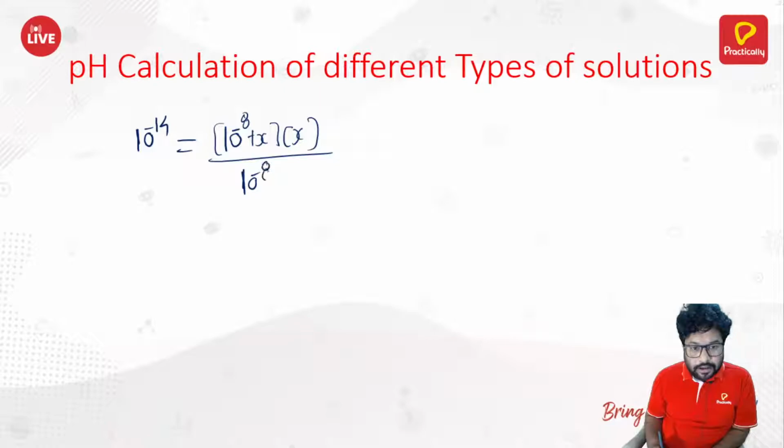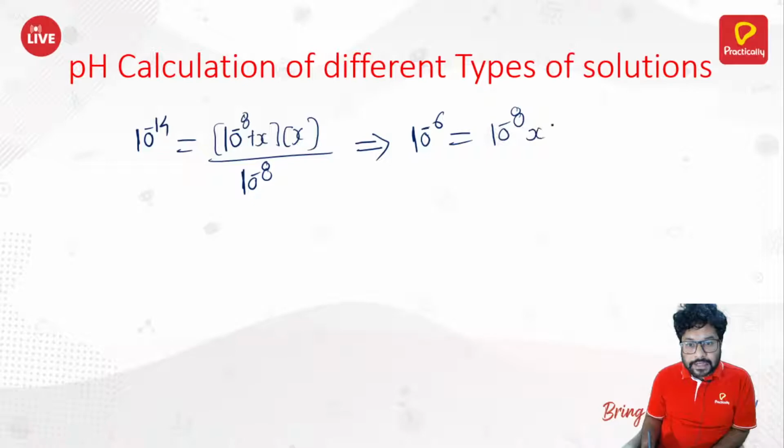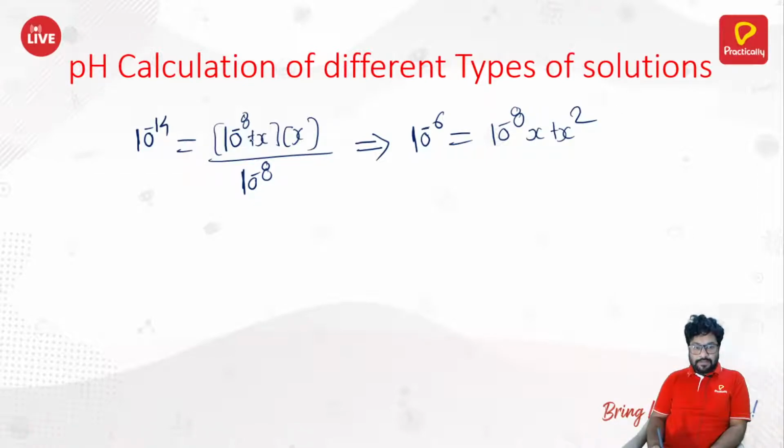Now you will send it to that side. 10 raised to minus 8 will become 10 raised to plus 8, so you will get 10 raised to minus 6 on that side. 10 raised to minus 6 is equal to 10 raised to minus 8 x plus x square. You multiply this x now. So what do you get now?